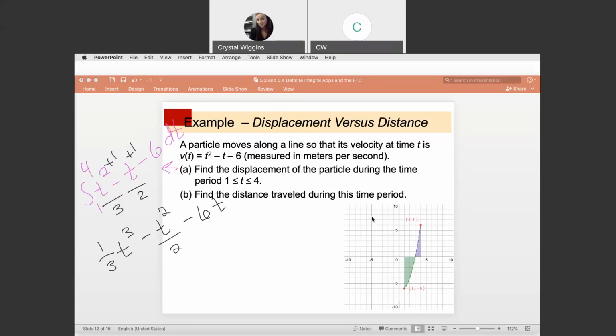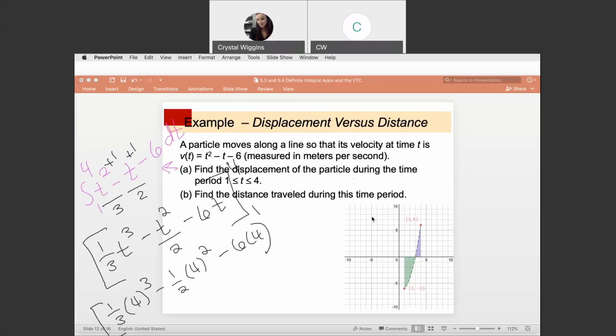And this needs to be evaluated from 1 to 4. So that means substitute 4 into this equation and then subtract substituting 1 in. So we get 1/3 times 4 cubed minus 1/2 times 4 squared minus 6 times 4.